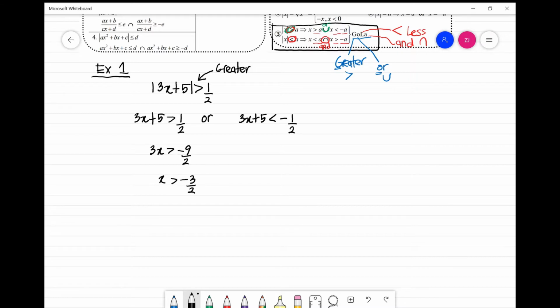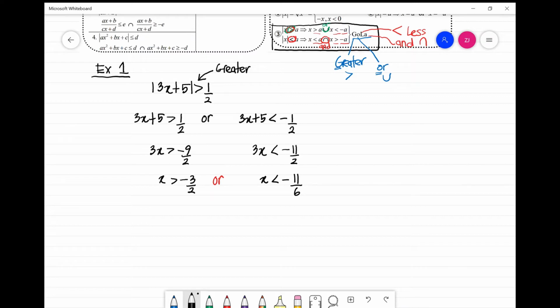And again, we still have this or. We solve the second linear inequality: 3x less than, we bring the 5 to the right, so we have minus 1 over 2 minus 5, which gives us negative 11 over 2. Then x is less than negative 11 over 6.